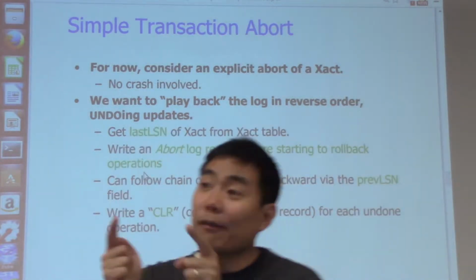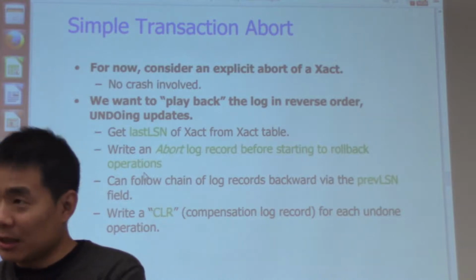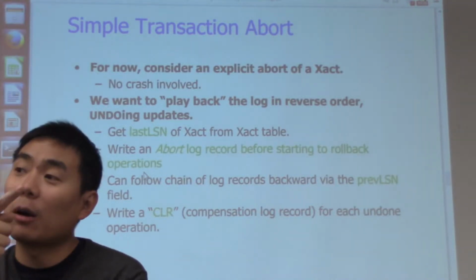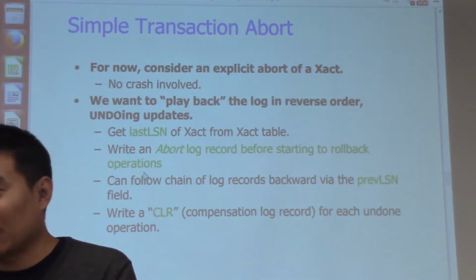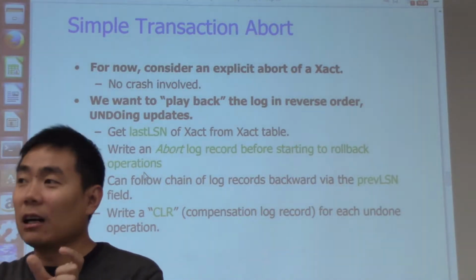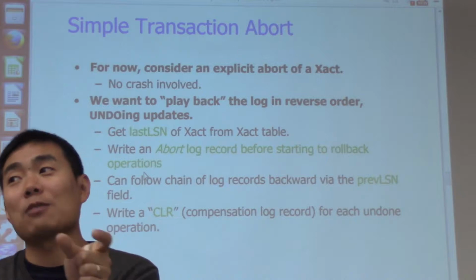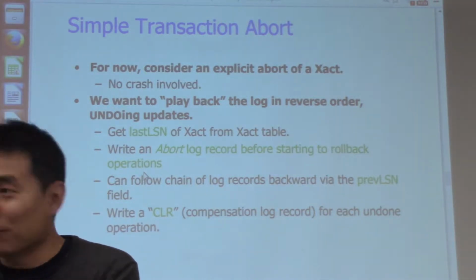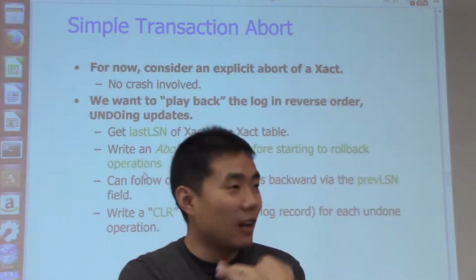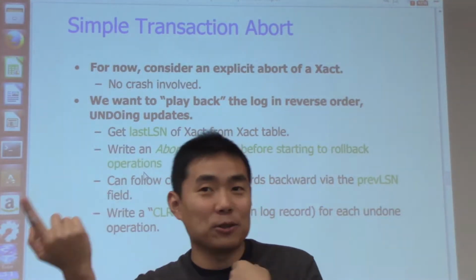That means that if the CLR is not written to disk yet, then the corresponding undo operation has no effect on the database. Oh, I see. Because I'm still using write-ahead logging. Yeah. An update to the page can only happen when the corresponding log record has been documented. Did I answer your question? Yeah. That's a very good question, but I hope people understand my reply to him.